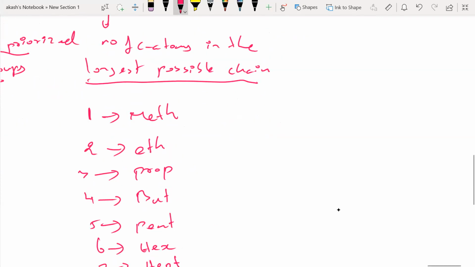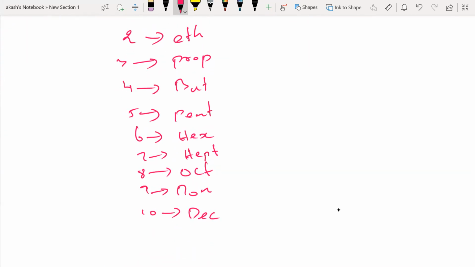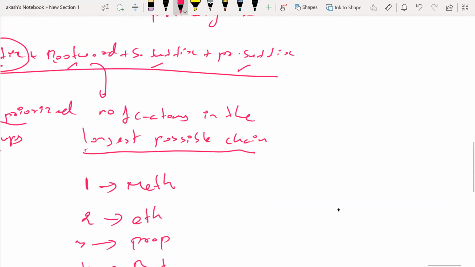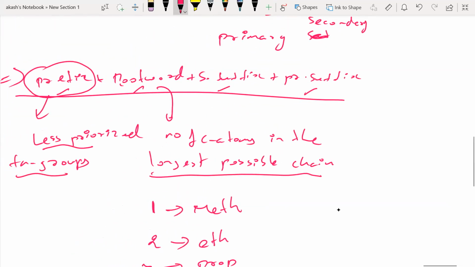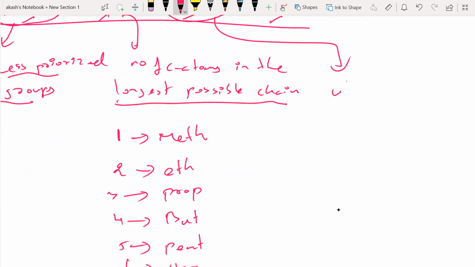So we understand, depending on the number of carbon atoms in the longest possible chain, you will give all these names. And coming to the secondary suffix, it indicates whether we have C single bond Cs or C double bond Cs or whether we have C triple bond Cs in the compound.